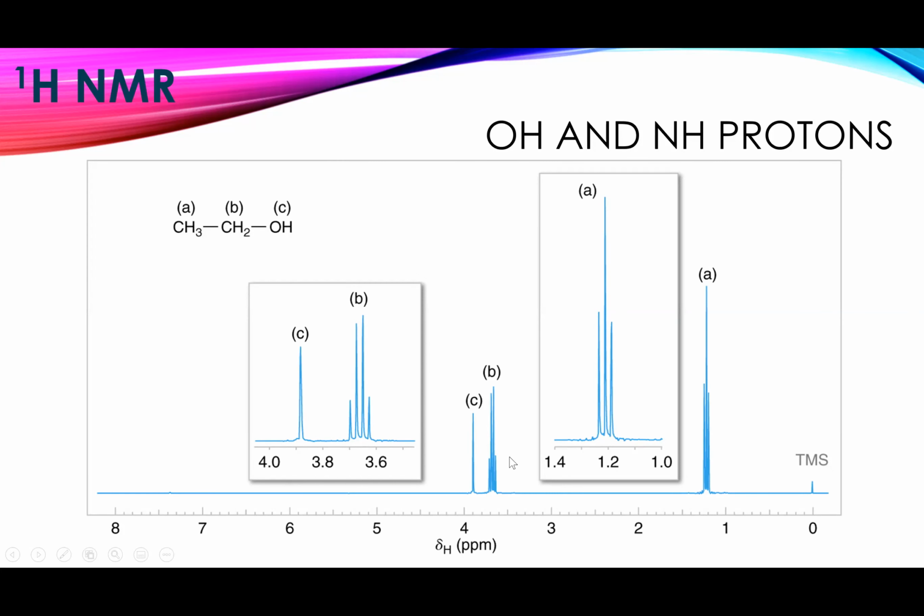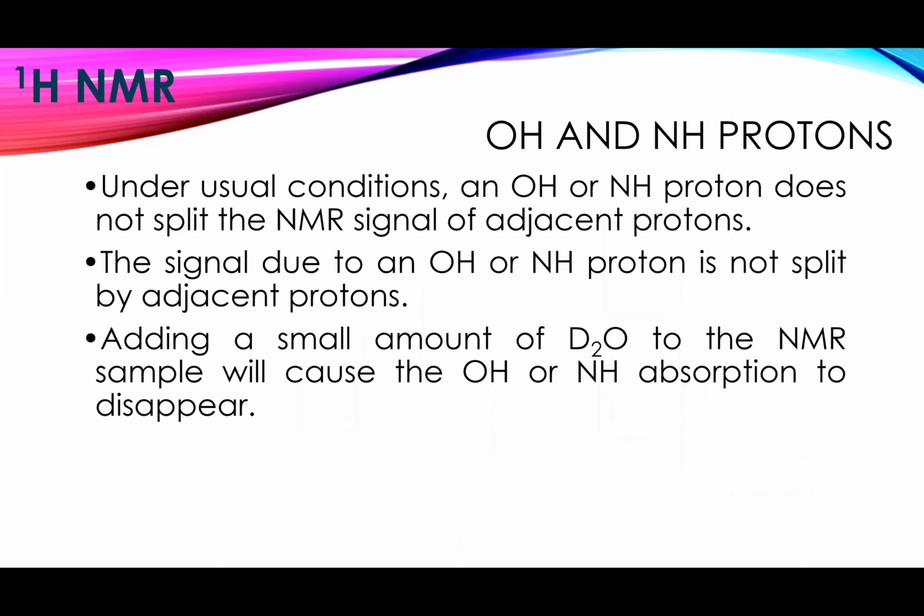Notice also that the CH2 group is a little more downfield than it normally would be, and that's because the carbon is directly attached to the oxygen. Under usual conditions, an OH or NH proton is not split. Its NMR signal is not split by adjacent protons.